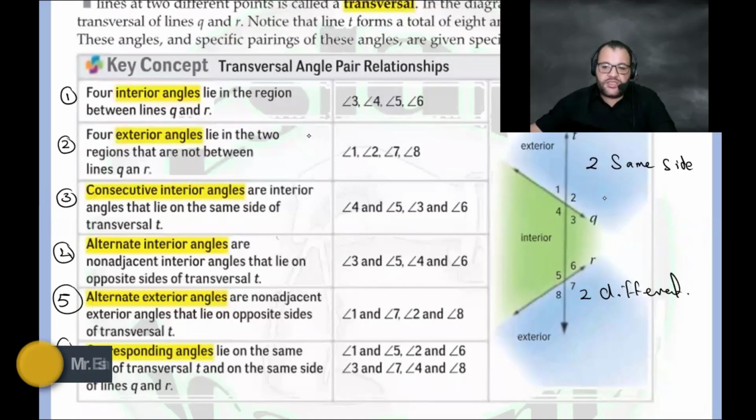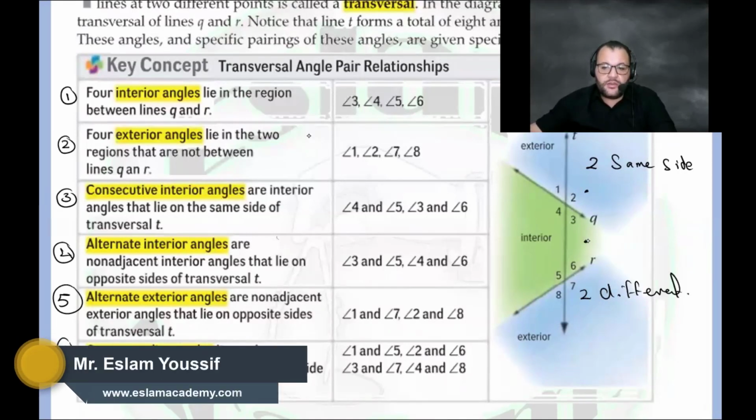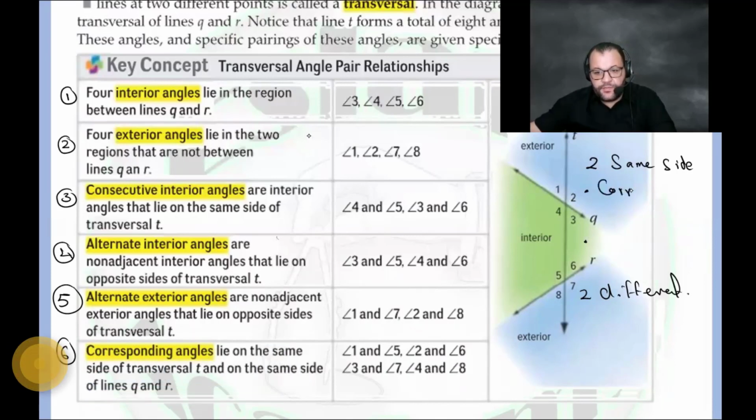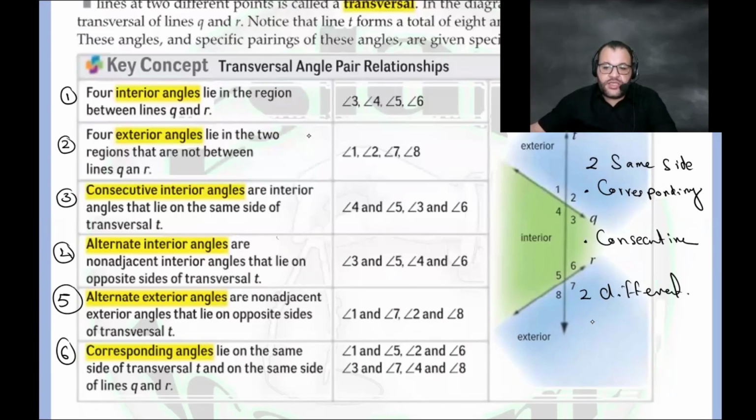The 2 which lie on the same side of the transversal are corresponding and consecutive interior. The 2 which lie on 2 different sides of the transversal are alternate exterior and alternate interior. What is the difference between the corresponding and the consecutive?